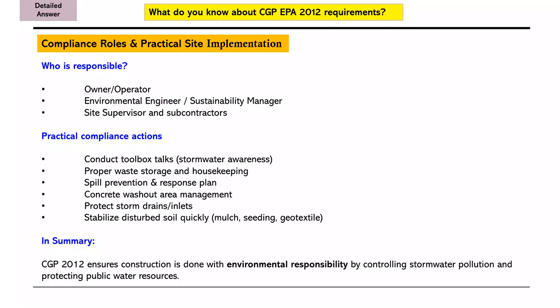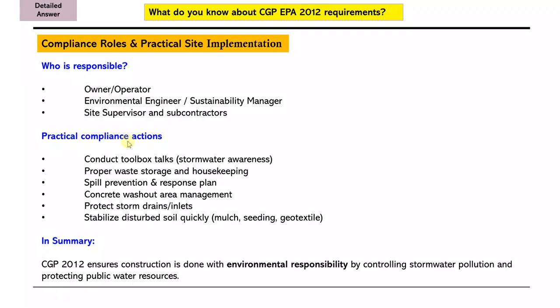Or if we are working in Saudi Arabia, NEOM in Red Sea or an oil company, they are the client, they are the owner of the project, so they are responsible. Next after that, the contractor's environmental engineer or sustainability manager is responsible. Then site supervisor and subcontractors.